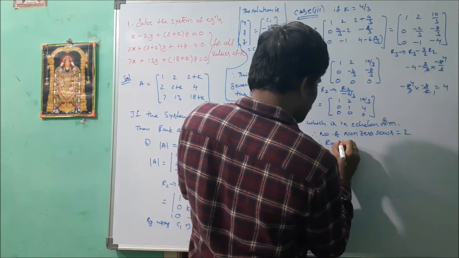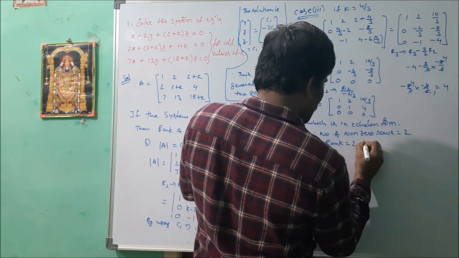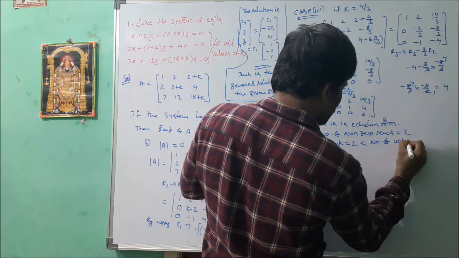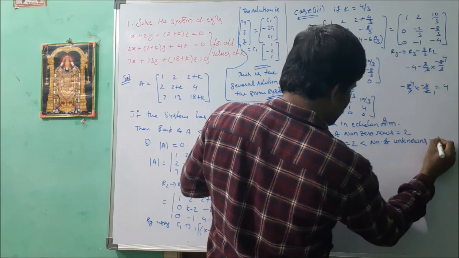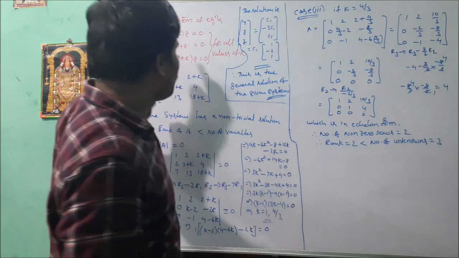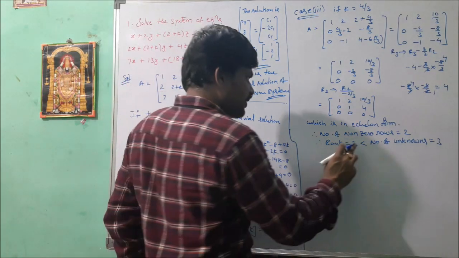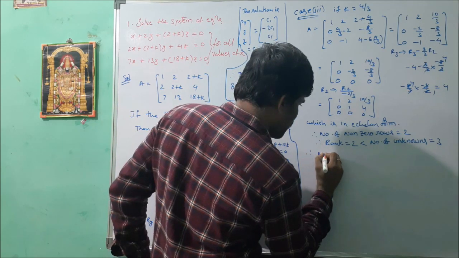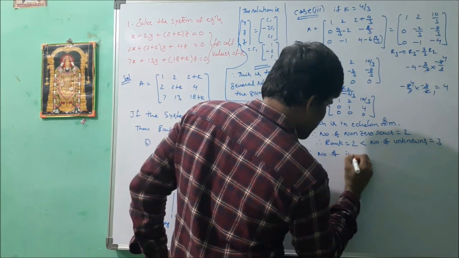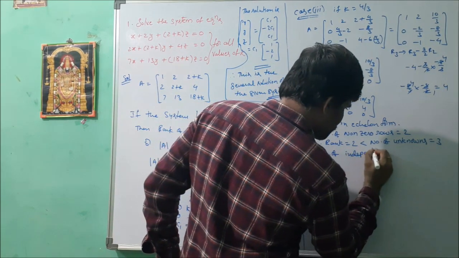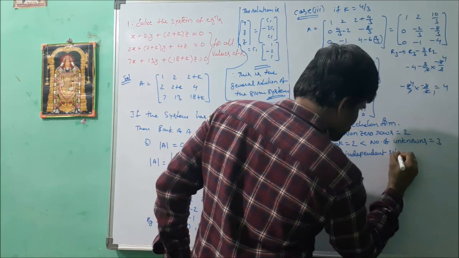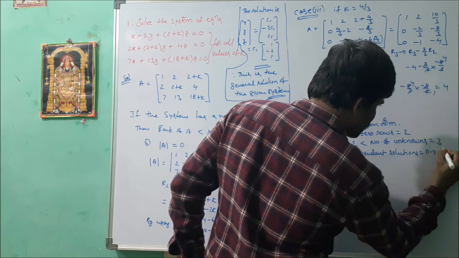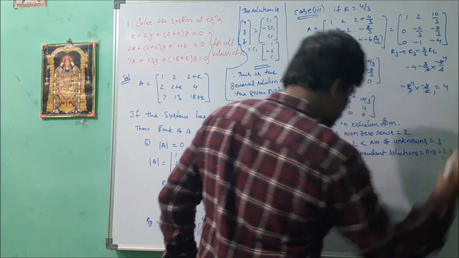Therefore rank equals to 2, which is also less than number of unknowns, that equals to 3. Here the number of variables are 3. Therefore here we observe 2 is less than 3. Therefore number of independent solutions equals to n minus r. So 3 minus 2 equals to 1.